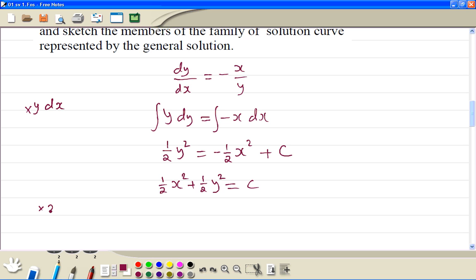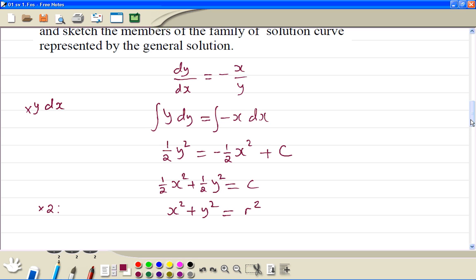Then we multiply both sides by 2, so we have x squared plus y squared equal to 2c, but it's a constant. Instead of 2c we can write any constant k, but even instead of k we can write r squared, so just a constant.